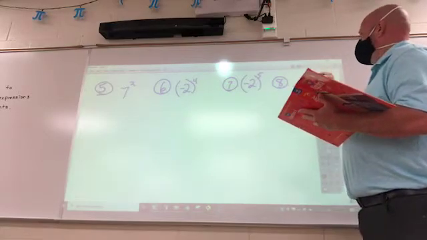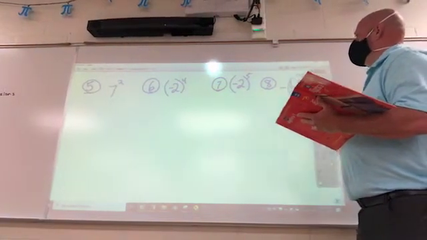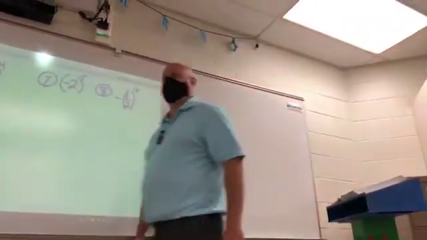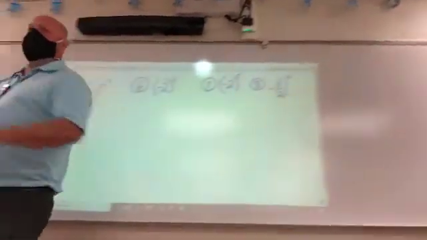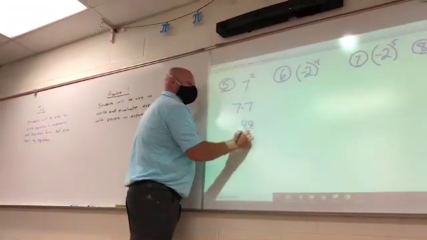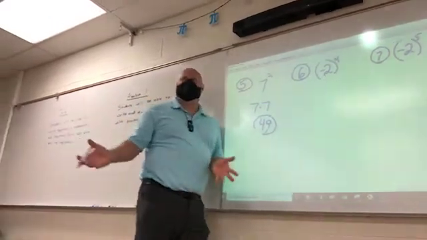All right. What is the answer to number 5? What is 7 squared? 49. 7. This means, what's 7 times 7? The answer is 49. Easy?